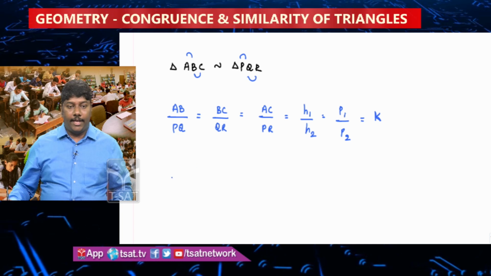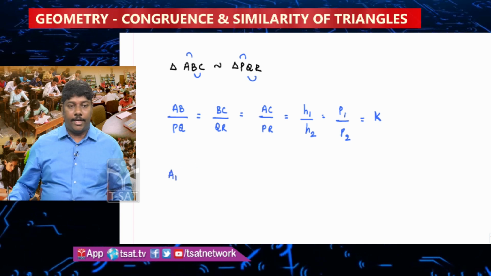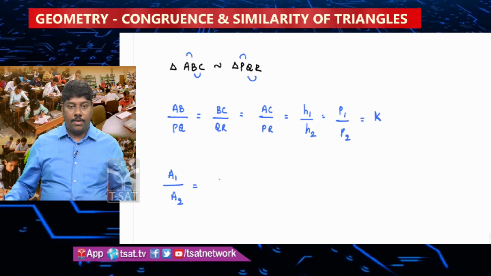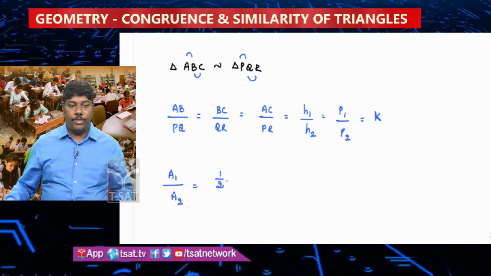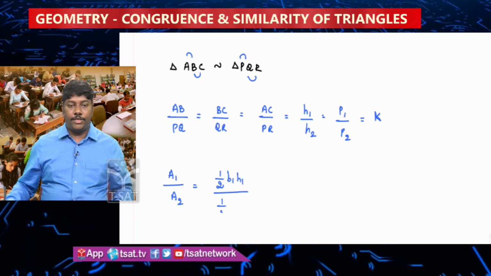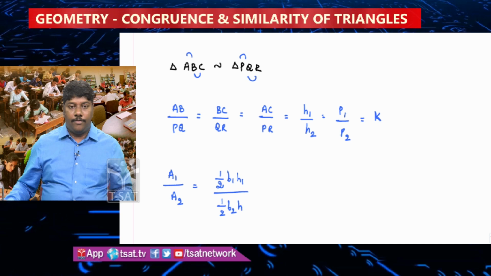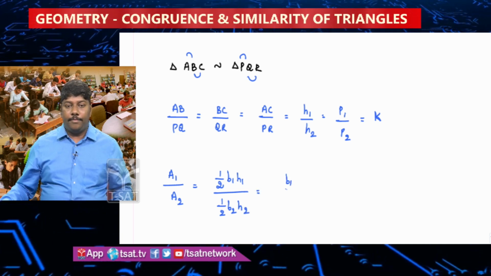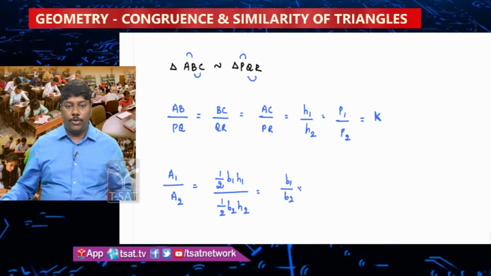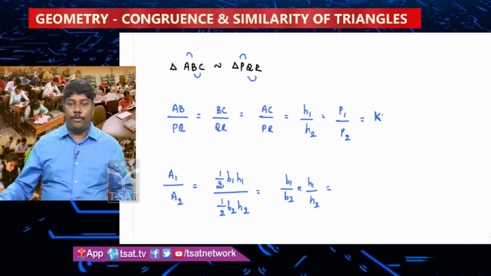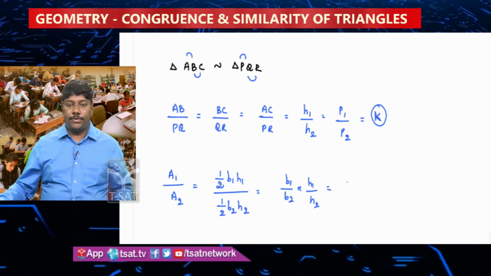When it comes to their areas, area of the first triangle by area of the second triangle, area is half into base into height, so base 1 into height 1 by half into base 2 into height 2. 1 by 2 anyway gets cancelled. Therefore, you will get B1 by B2 into H1 by H2. Their ratio is equal to K, I have taken.